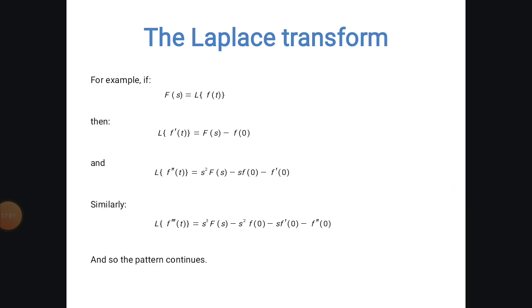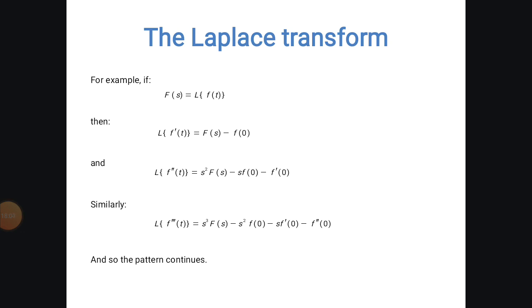For example, if F(s) is Laplace of f(t), and similarly we do the process, then Laplace of f'(t) is sF(s) minus f(0), and Laplace of f''(t) is s squared F(s) minus s f(0) minus f'(0).